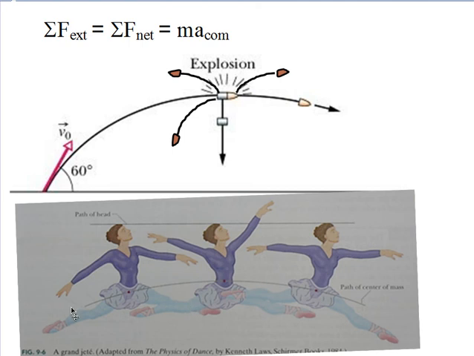Well, the center of mass, of course, is going to follow a parabolic trajectory. But raising her arms is an internal force, and so is not going to cause any acceleration of the center of mass, which will follow its well-behaved trajectory due to that external force from gravity and no horizontal forces.